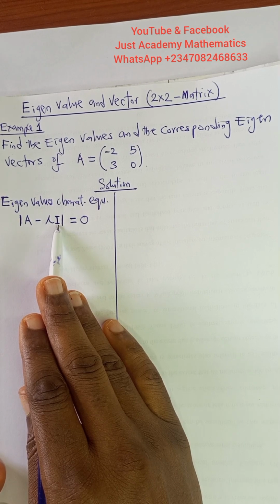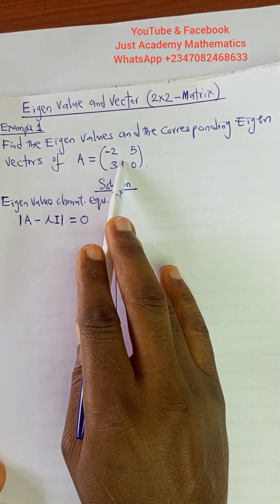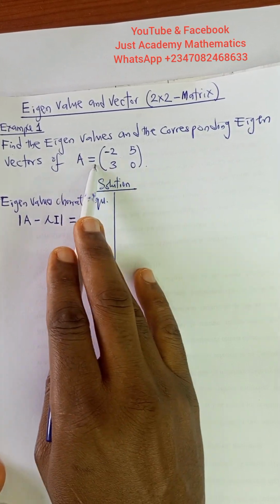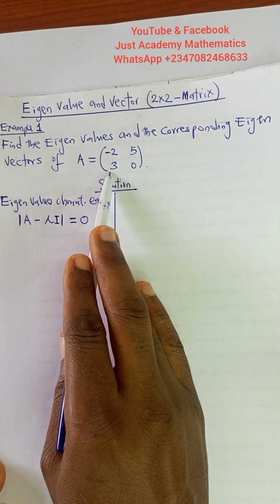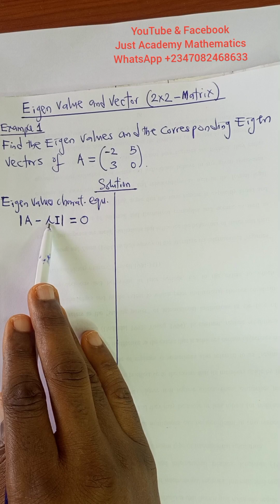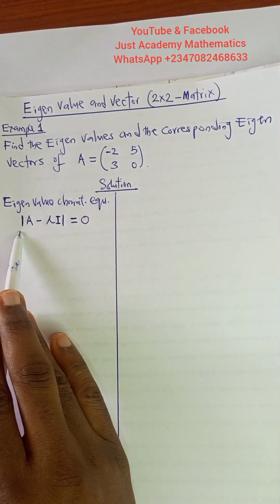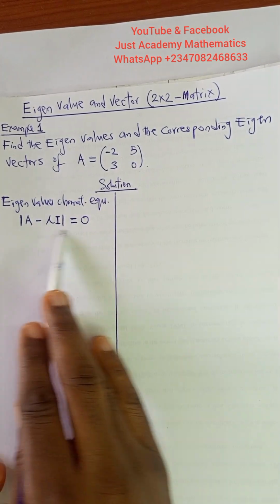This I stands for the identity or unit matrix of matrix A, a 2x2 identity, which is 1, 0, 0, 1. This A is this matrix you are seeing here. This lambda represents the eigenvalues. So this is the characteristics equation, and this is what we want to solve for now.